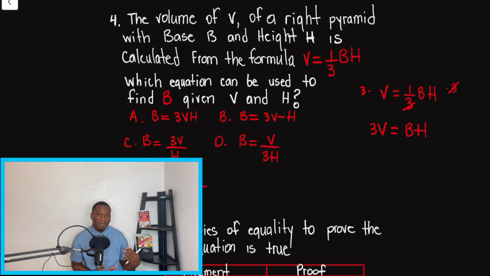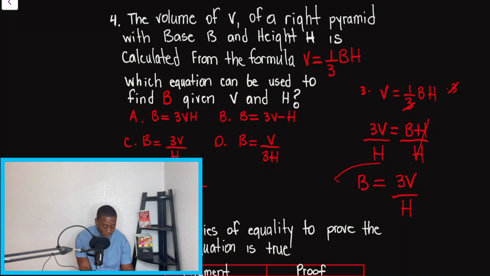To get B by itself, we have to do the opposite of B times H. Since B and H are being multiplied, we're going to divide by H. As a result, B is equal to 3 times the volume divided by the height.